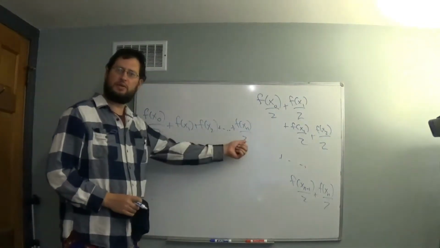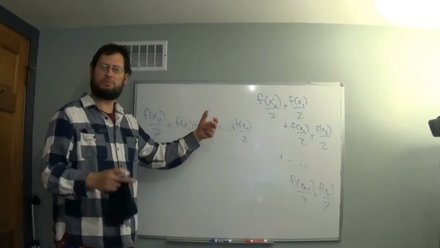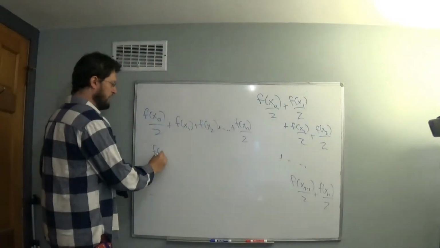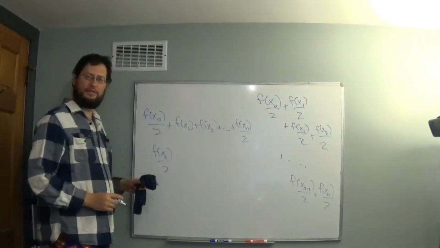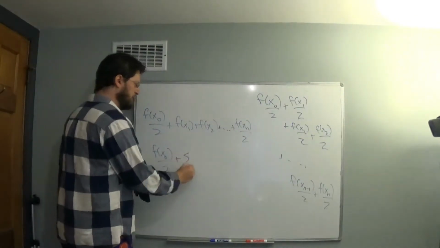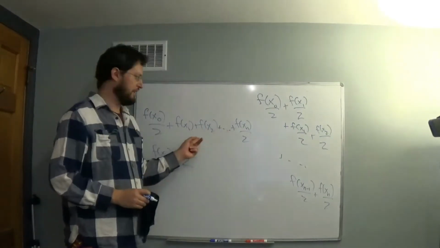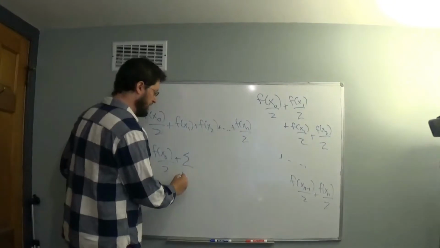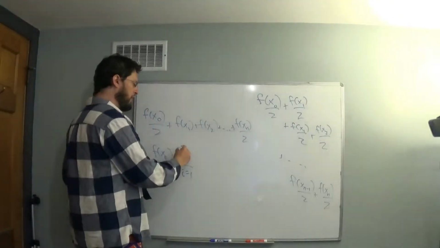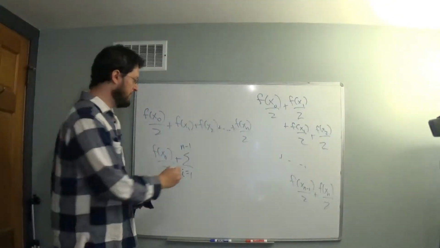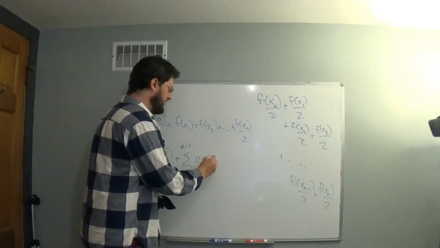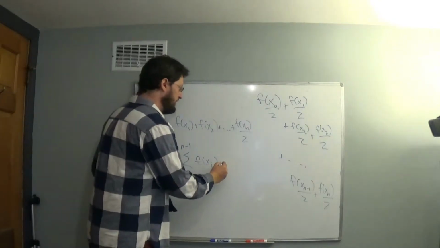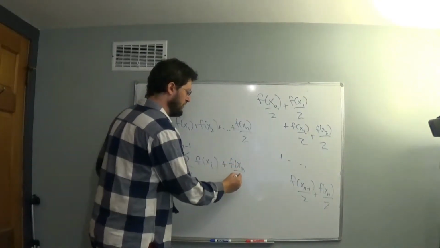So the first one and the last one have a divided by 2, all the middle ones paired up so that they don't have a divided by 2, and I can write that in summation notation as f at x0 over 2 plus the sum of all of these things, but all of these things are up to and including f at xn minus 1. So this is actually from i equals 1 to n minus 1 of f at xi, then plus at the end f at xn all over 2.